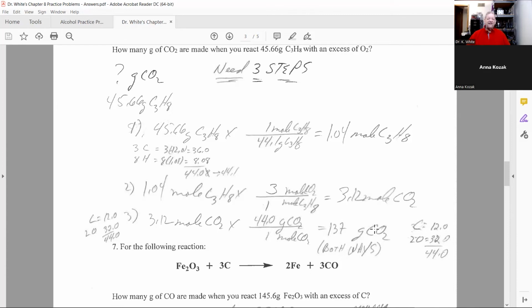Use your good buddy, your good friend, unit analysis. Whatever we're trying to get to goes on top of the ratio. Whatever we're trying to get rid of goes underneath. Where do we get a relationship between mole of a compound and grams of a compound?